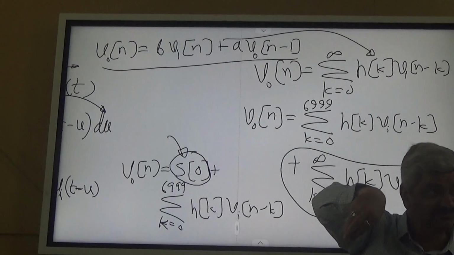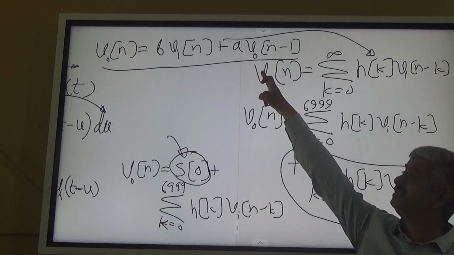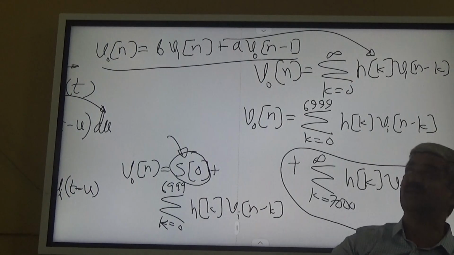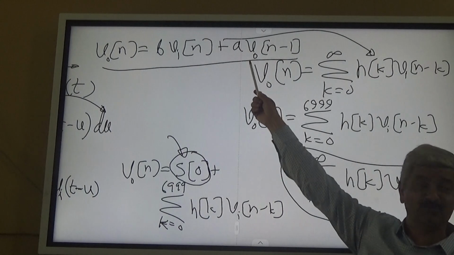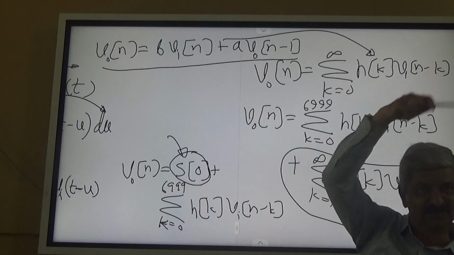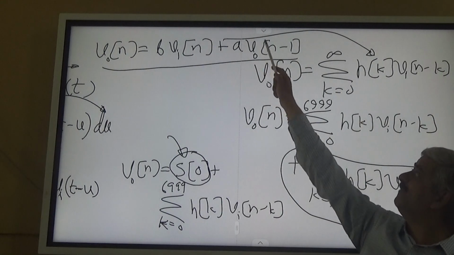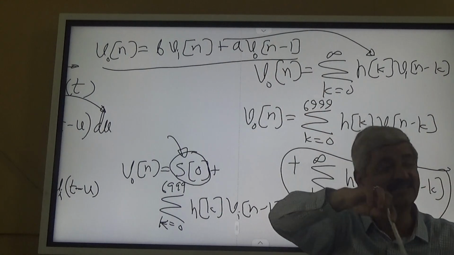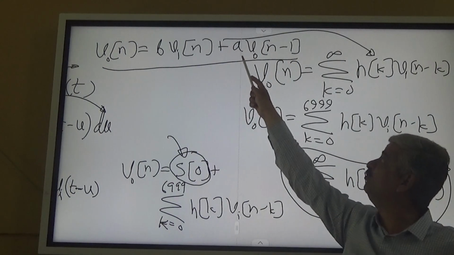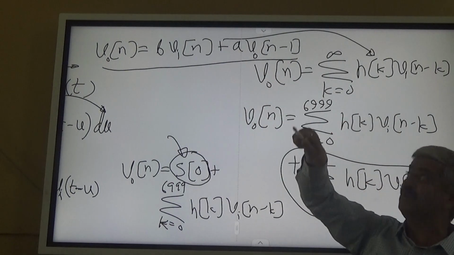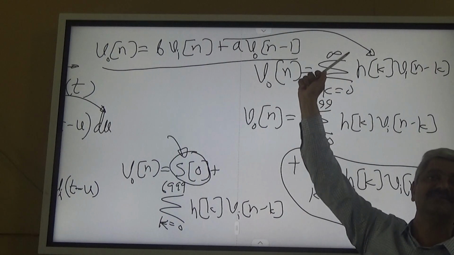When we convert this, it is called an iterative equation. Iteration is there: previous output, current output contains the previous output term. It is a finite-term iterative equation. If I want to convert it into a non-iterative equation, it becomes an infinite-term non-iterative equation.